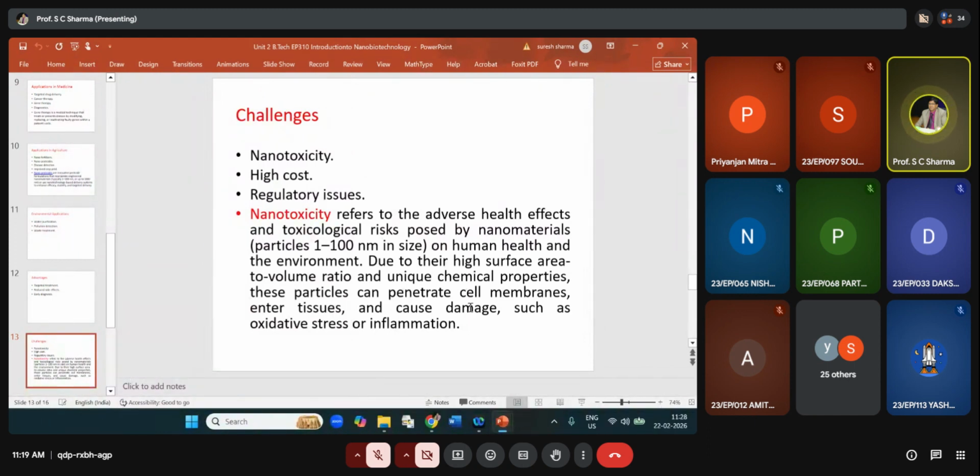These particles can penetrate cell membranes, enter tissues, and cause damage such as oxidative stress or inflammation.